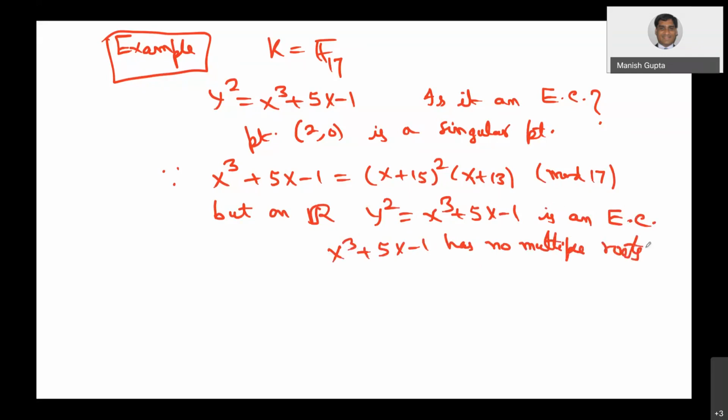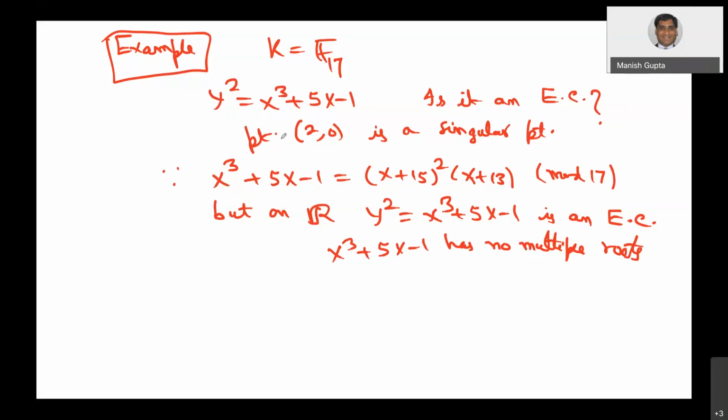So the right hand side tells us a lot about the nature of the curve. Basically the curve is an elliptic curve over the real numbers.